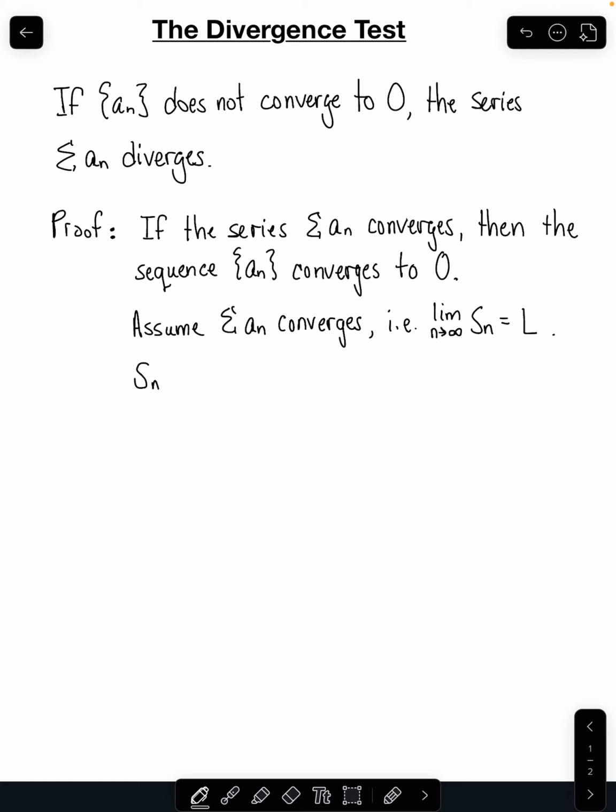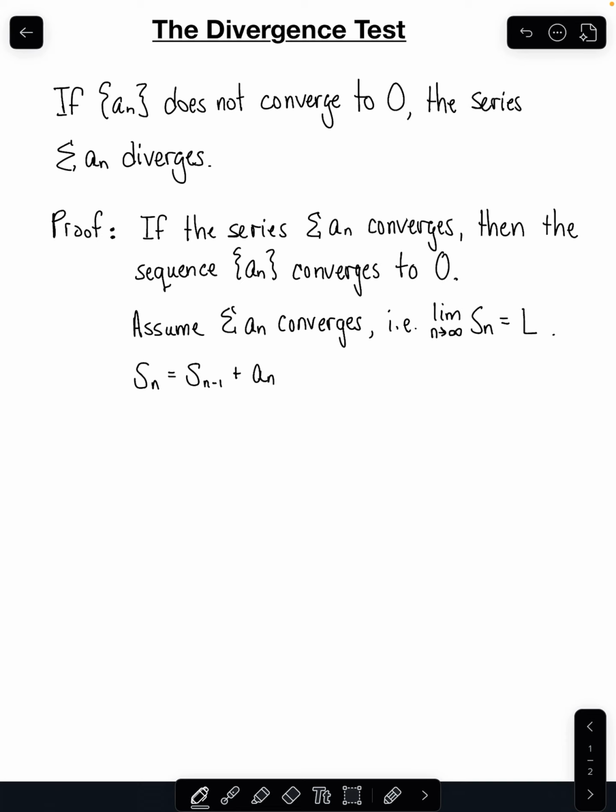The partial sum of the first n terms must be equal to the partial sum of the first n minus 1 terms plus the nth term. So the sum of all the terms from 1 to n would be the sum of all the terms from 1 up to n minus 1 plus the nth term. This is a true statement.